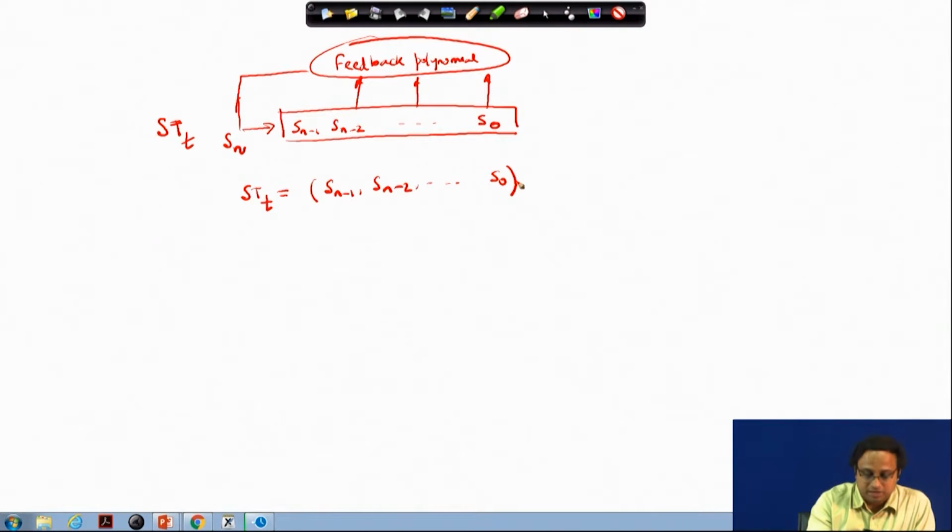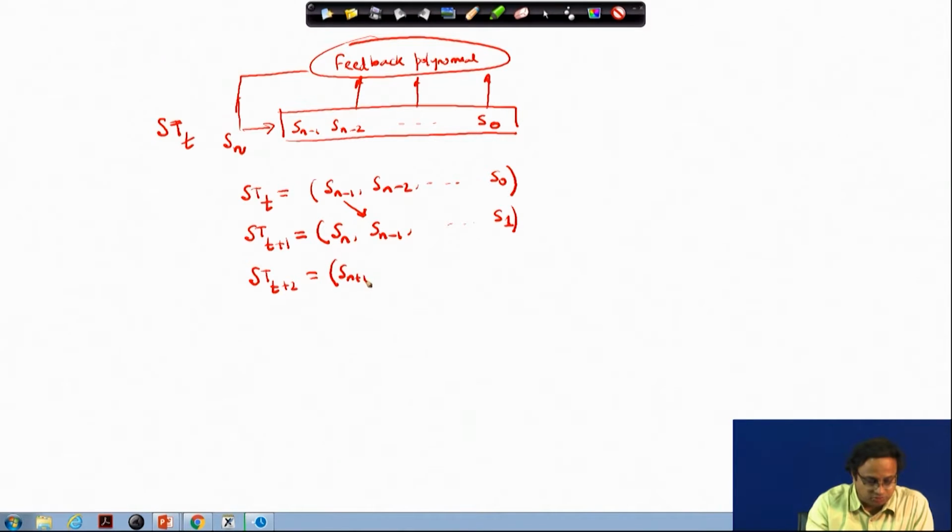In the next time instance you have St plus 1. In St plus 1, this Sn will get into the register, and the rest gets shifted, so you will have Sn, Sn minus 1, and so on till S1. Likewise, in the next time instance you will have St plus 2, which is Sn plus 1, Sn, and this continues till S2.